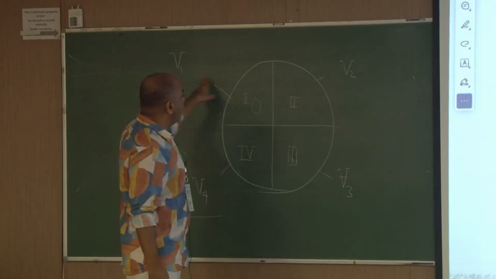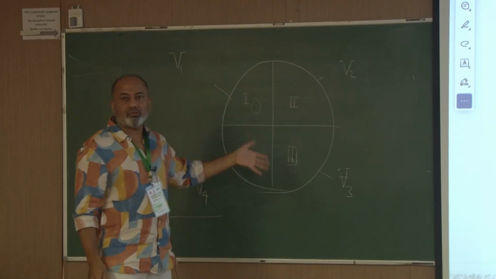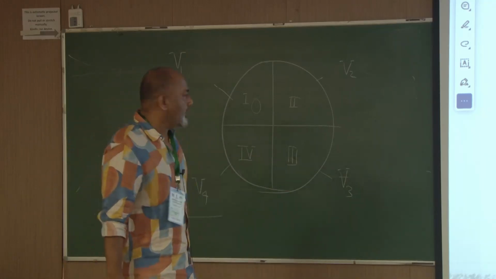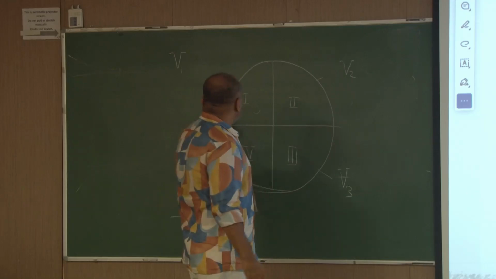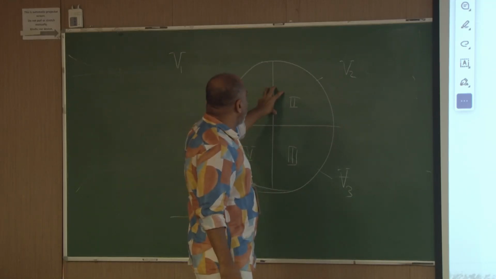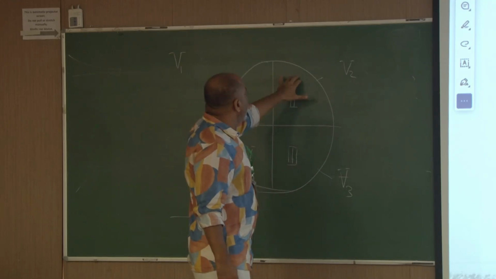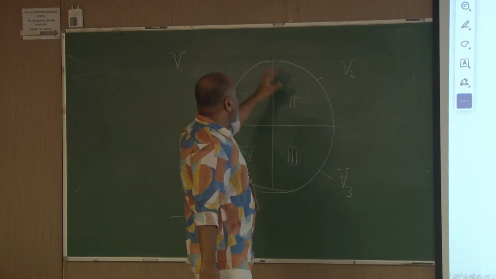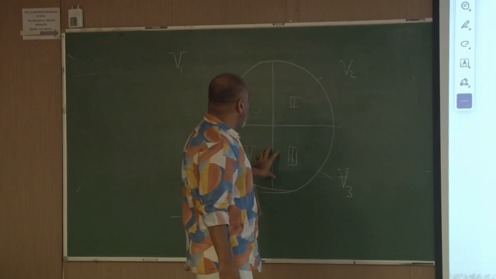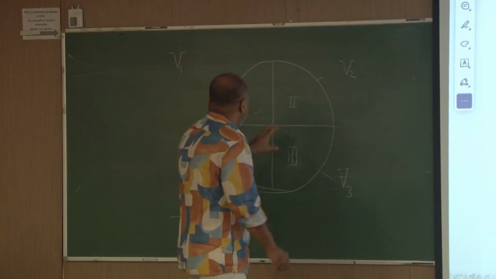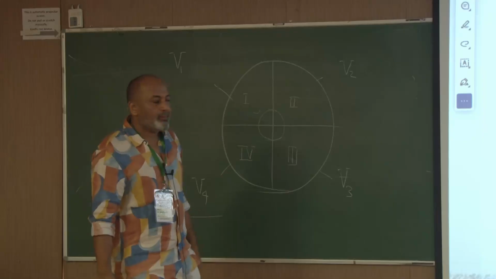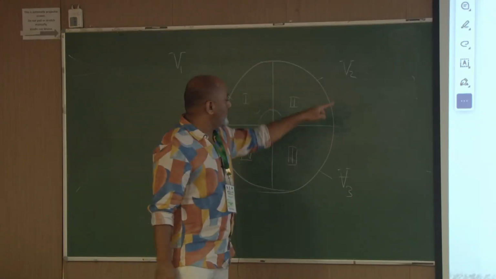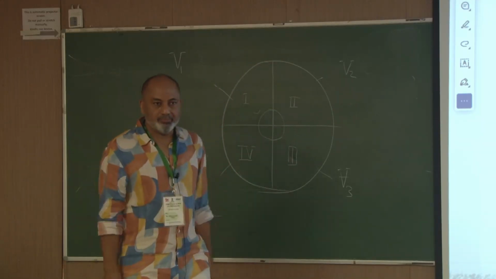Each voltage signal corresponds to the amount of light falling in that quadrant. If I have it fully here, everything else is 0. If I place it in the middle between two, then V1 is equal to V2, the power is distributed between these two, and these two are 0. If I make the spot fall exactly in the center, then V1, V2, V3 and V4 are all equal.